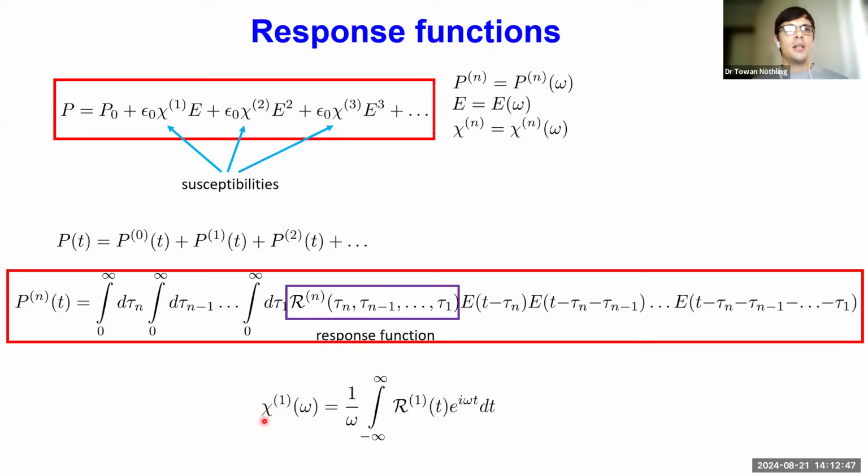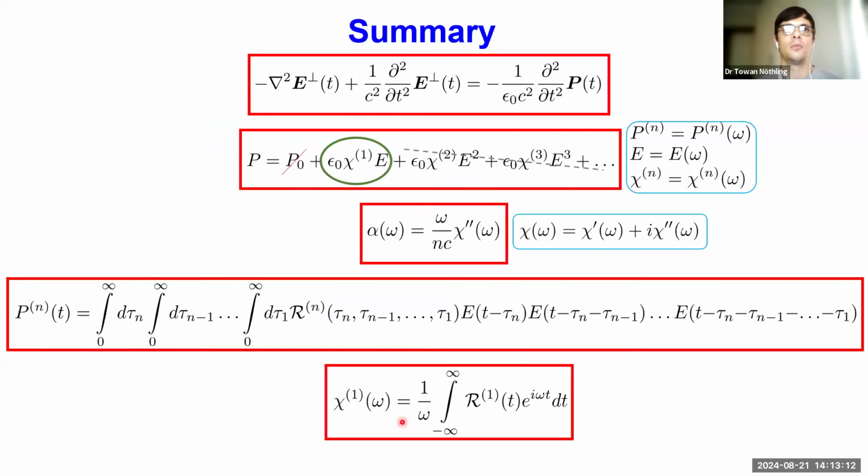And we can relate the first order susceptibility to the first order response function via Fourier transformation. This means that, in effect, we can calculate the absorption spectrum, which is the first order spectroscopy method. We can calculate absorption from the first order response function.